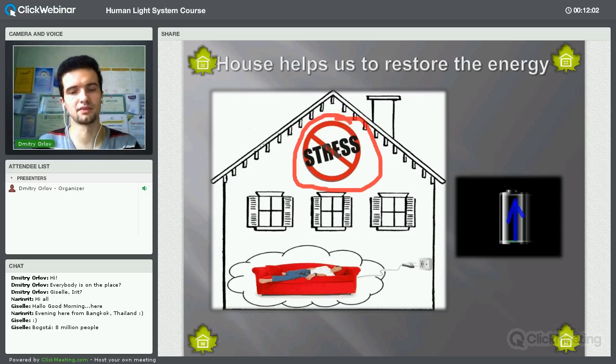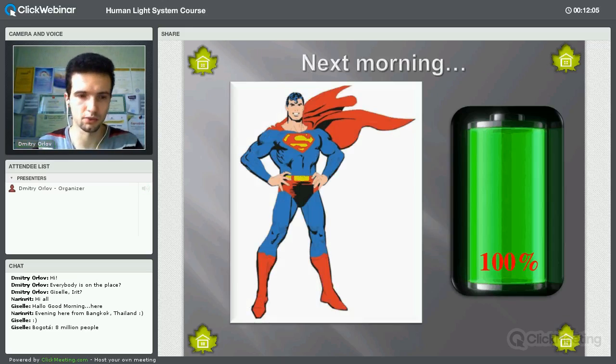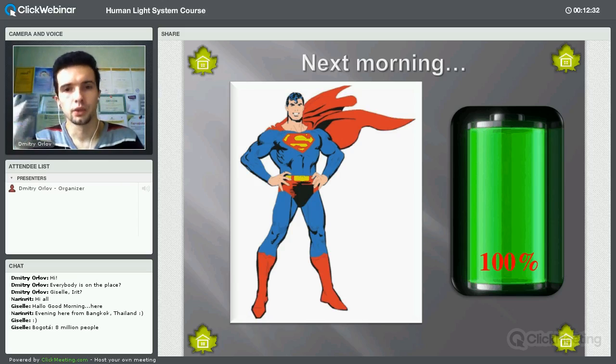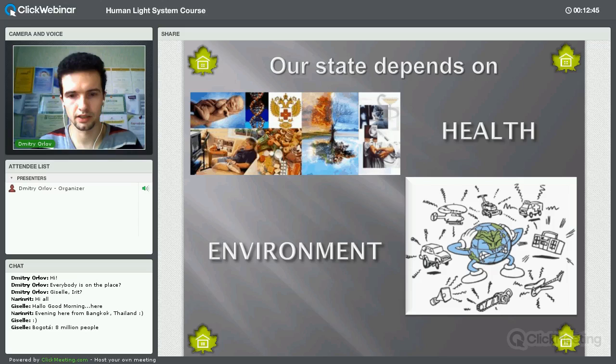Of course, we all want to be able on the next morning after we slept at home to conduct our work at very high efficiency and high production rate. So how to do that? Let's imagine that it is possible to create such conditions at your home that will facilitate your energy restoration while you're at home. So how to do that?